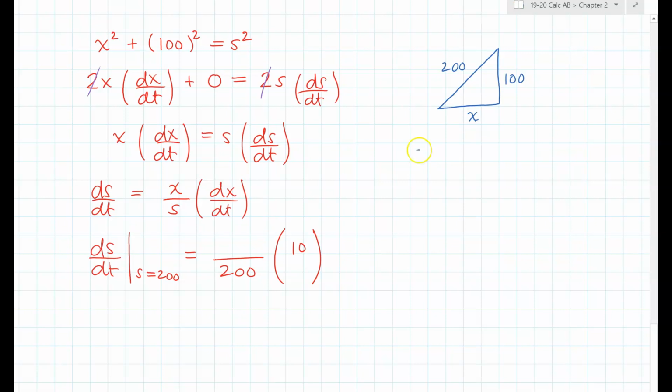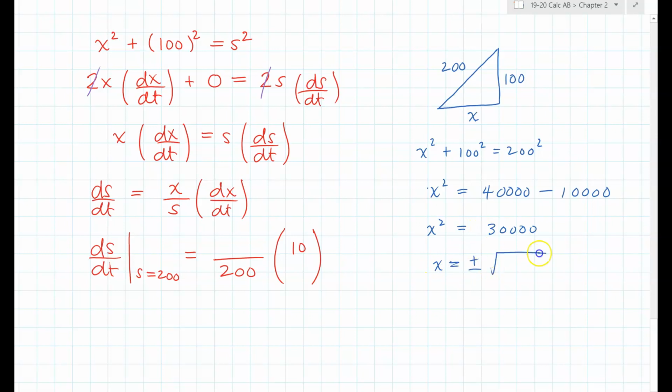So x squared plus 100 squared is equal to 200 squared. So x squared is equal to 200 squared minus 100 squared. What is that? 40,000 minus 10,000. So x squared is 30,000. So x has to be plus or minus the square root of 30,000.